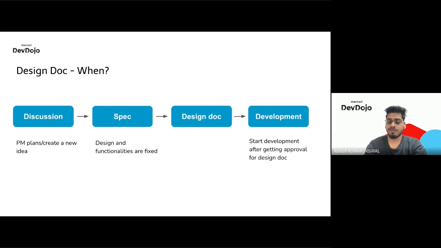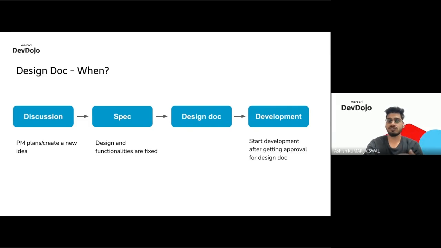But before the development, if you think that the project is a lot more complicated, the complexity is really high, and you're not sure about a few things regarding technical details, you would prefer to write a design doc first, so that you have a proper idea of how you're going to implement it.